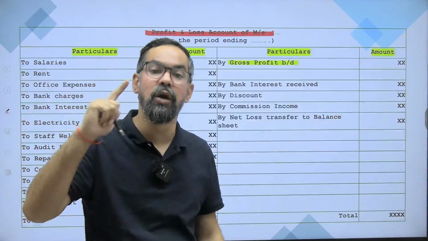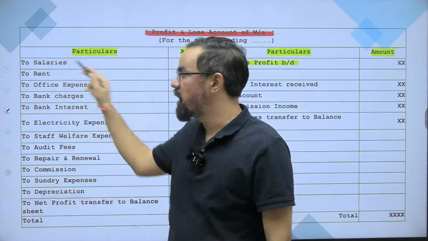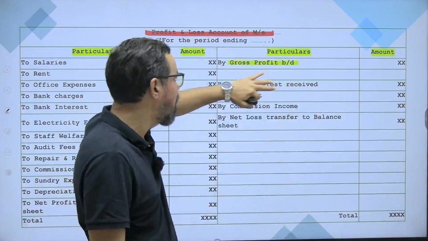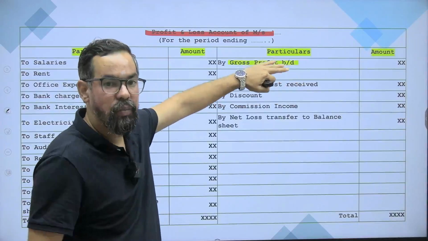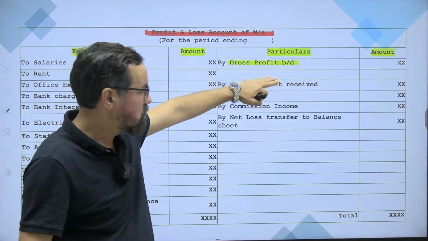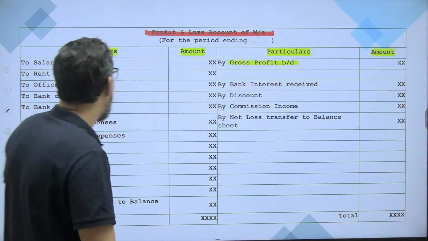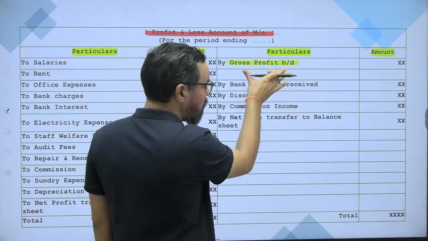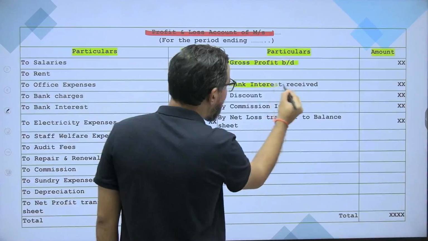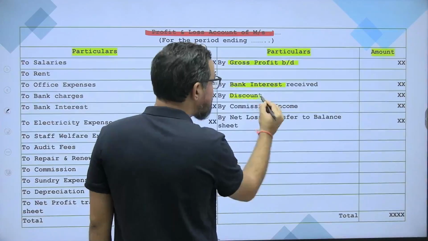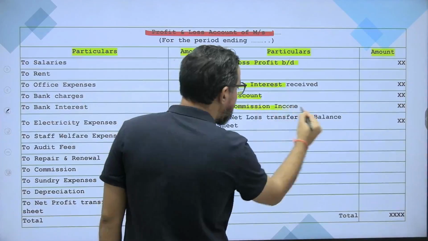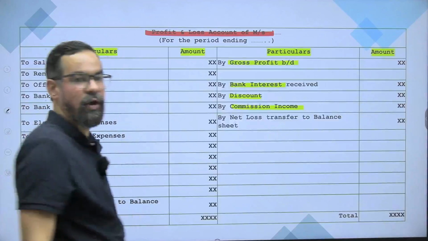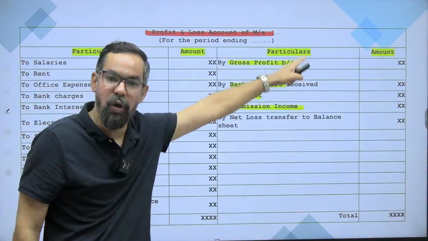If you are in gross loss, your entry will start from this one: by gross loss brought down from the trading account, and that amount will come to this side. Then the other income, that is gross profit plus bank interest, discount received, and commission income, is part of the credit side of your profit and loss account.